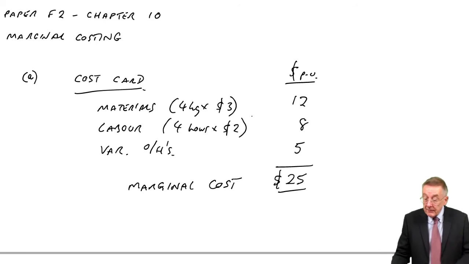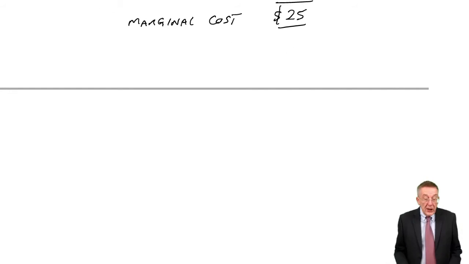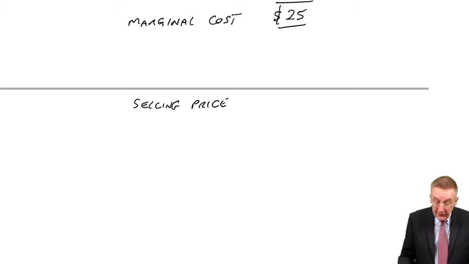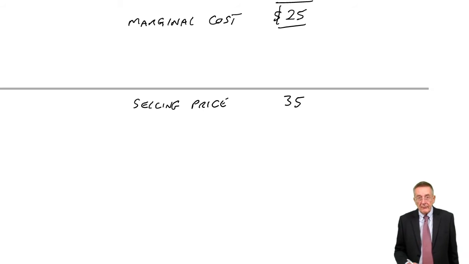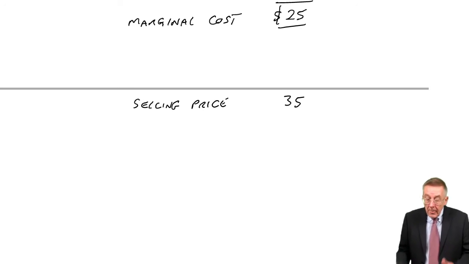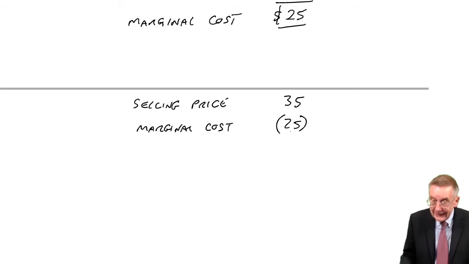Now there's our cost card, but let's go slightly further. We know what the selling price is. Per unit, the selling price is fixed at 35. And we've got the marginal cost of production of 25 a unit.